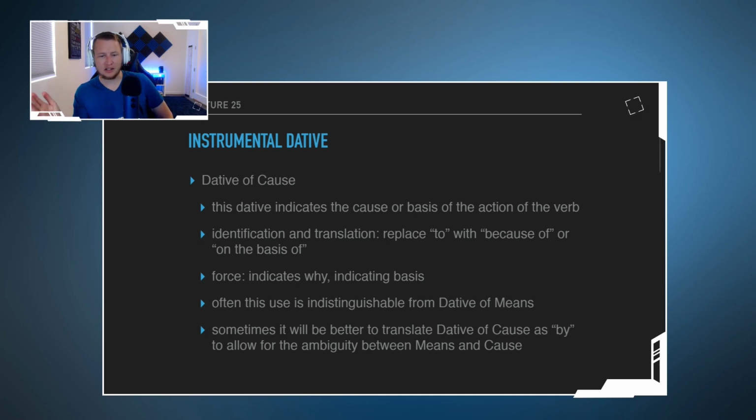This is similar to the subjunctive and the use of hina. Is it purpose or is it result? Sometimes they're indistinguishable. Is that true for dative of cause and dative of means? Sometimes it's indistinguishable. As a result, sometimes it will be better to translate the dative of cause as "by" to allow the ambiguity between means and cause to exist.